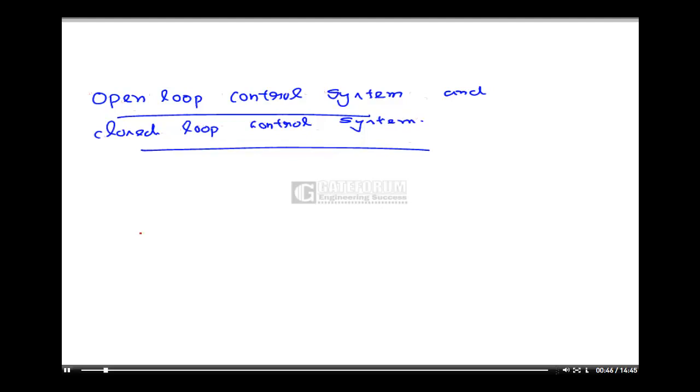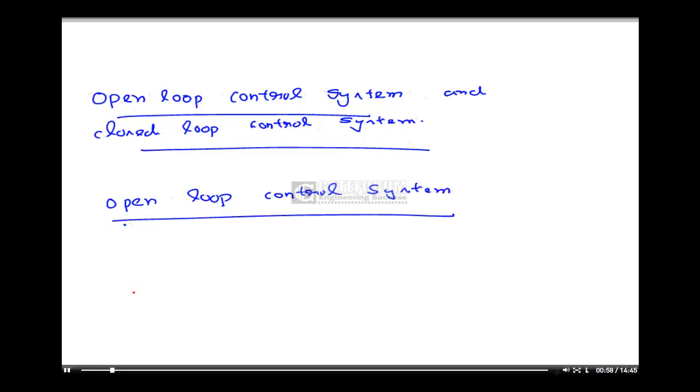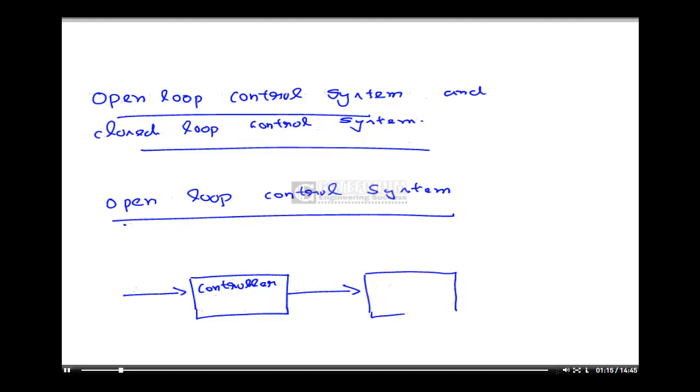Just see a simple block diagram. First, open loop control. Input is given to one controller. Output of the controller will go to some controlled process.